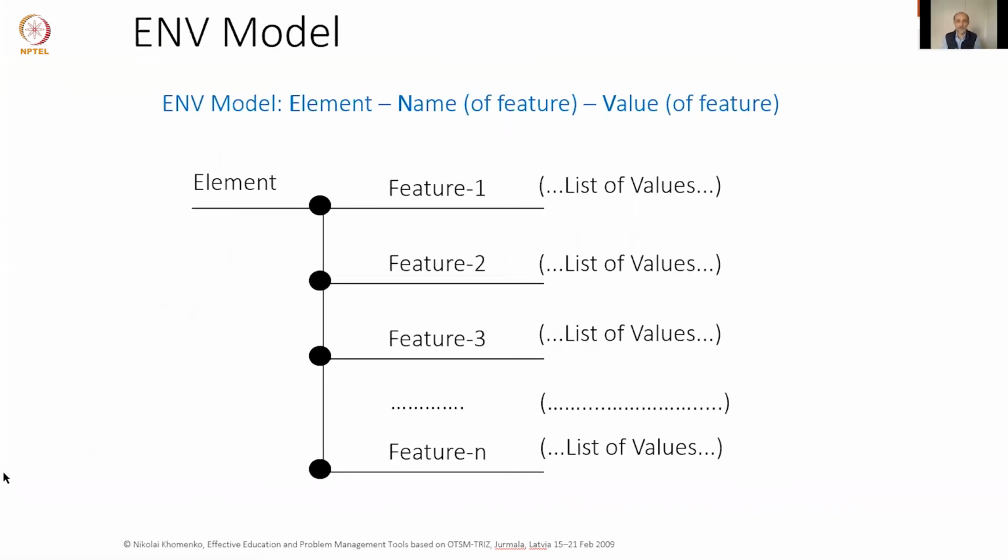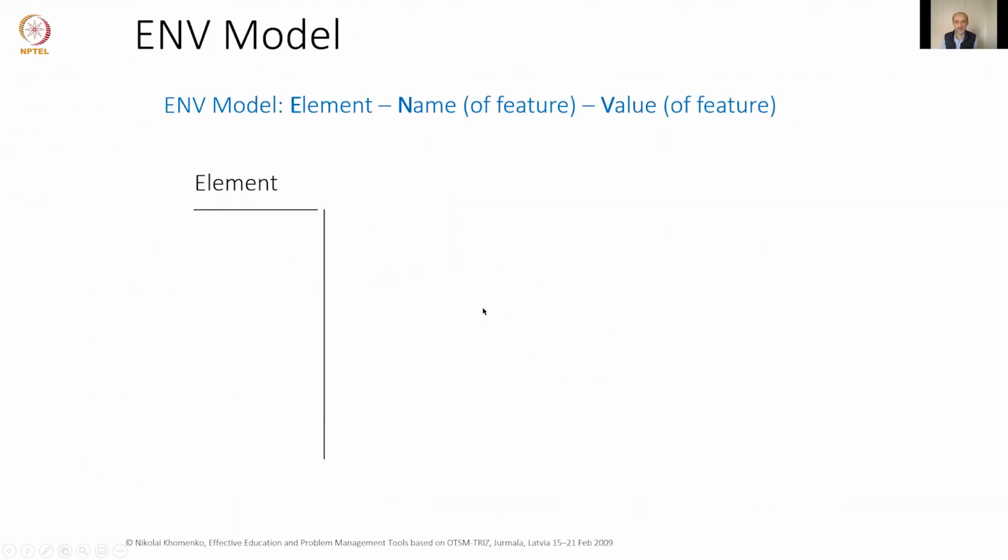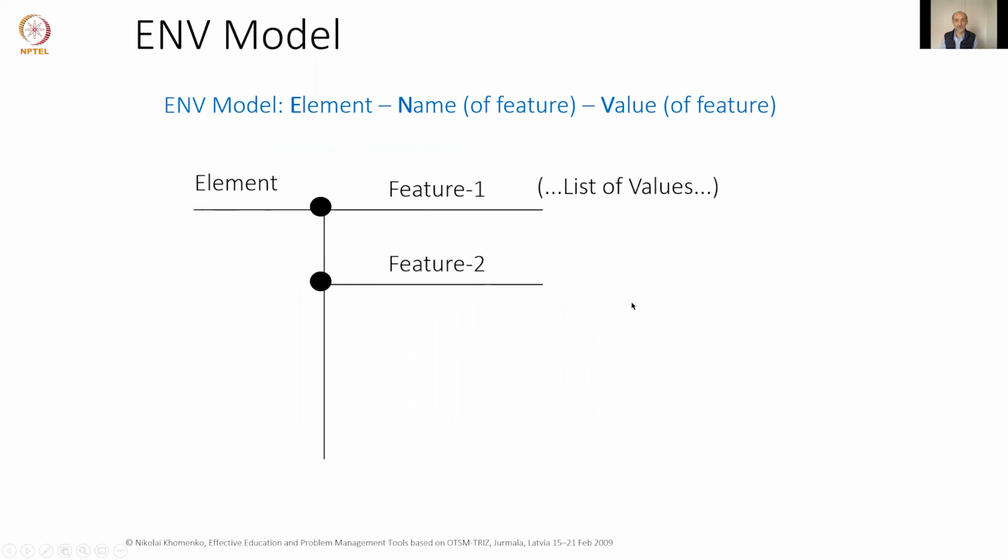In fact, the ENV model, which stands as an acronym for element, name of feature, and value of feature, is a model which is very useful to describe an element through gradually adding features and a list of values of features. It can clean a surface: what kind of surface, what is the softness of the surface, and so on.